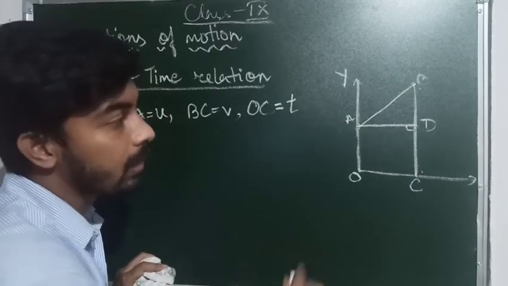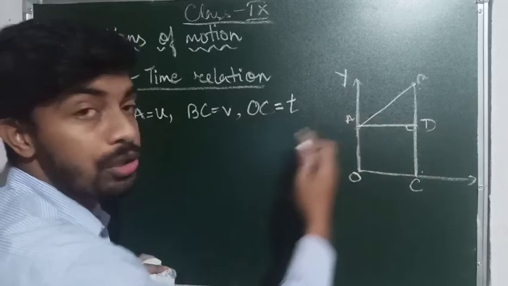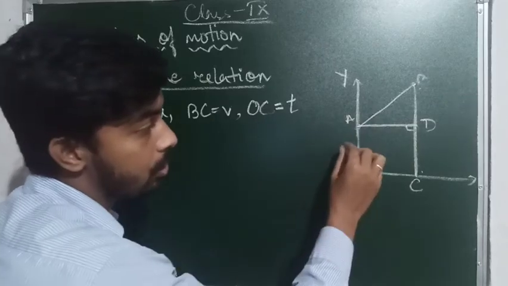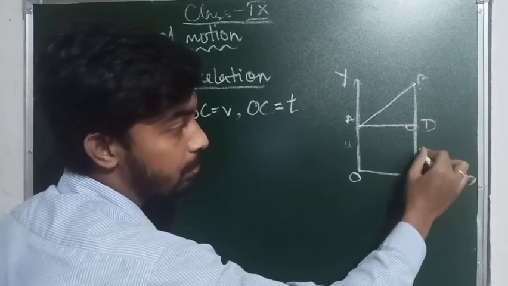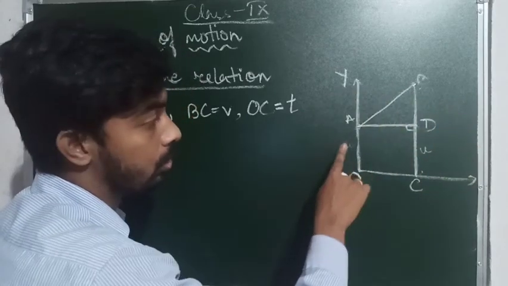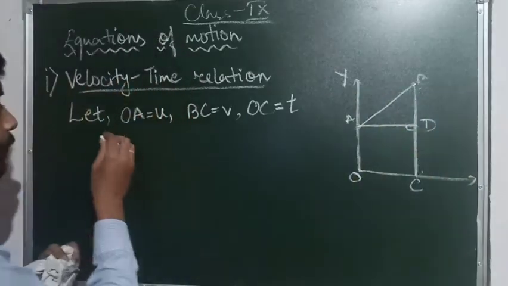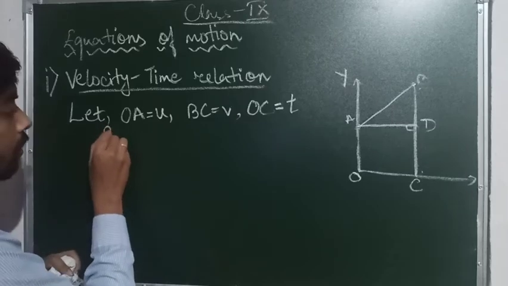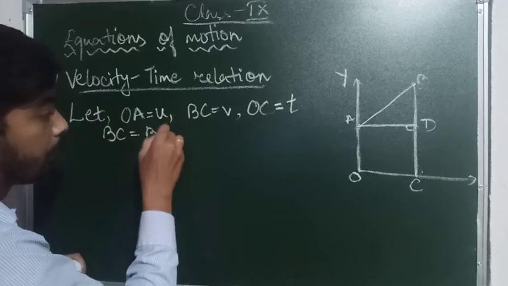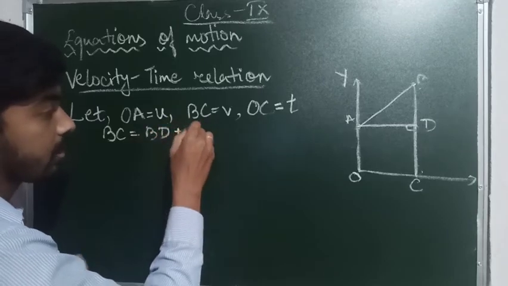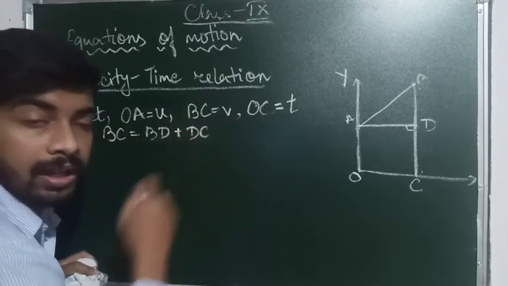And we know in a rectangle opposite sides are equal in length. So if this side is U, from D to C this much will also be U. So here we can write BC equal to BD plus DC. We have divided it.